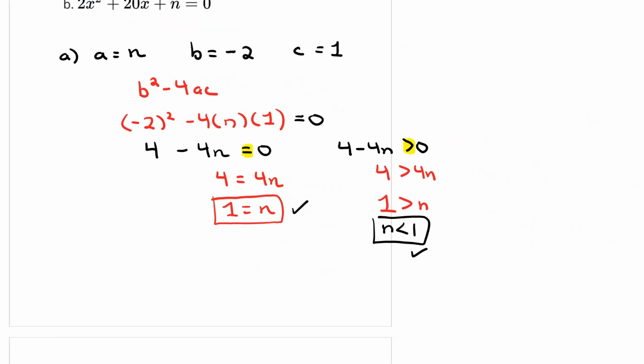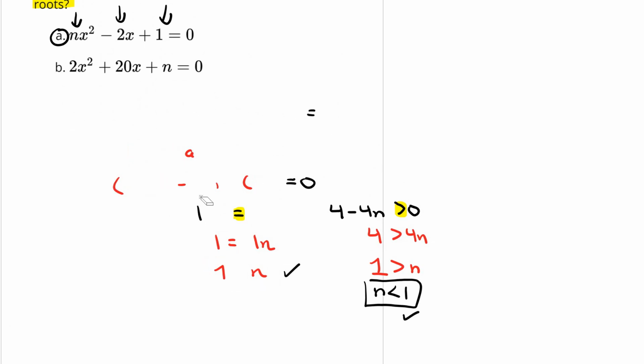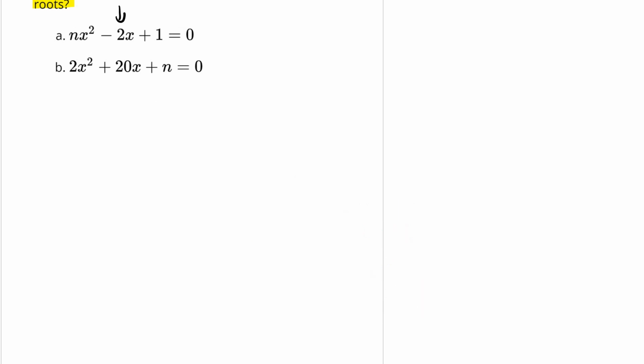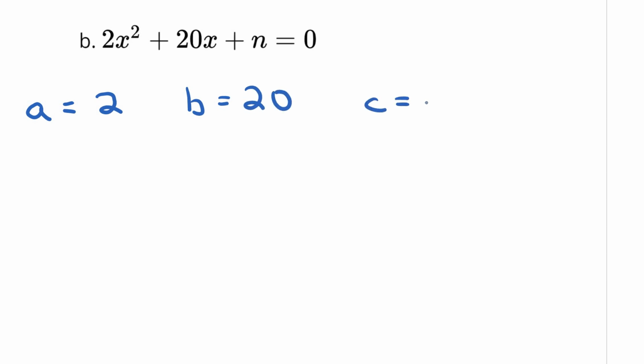All right, let's go ahead and try letter B now. a equals 2, b equals 20, and c equals the letter n.